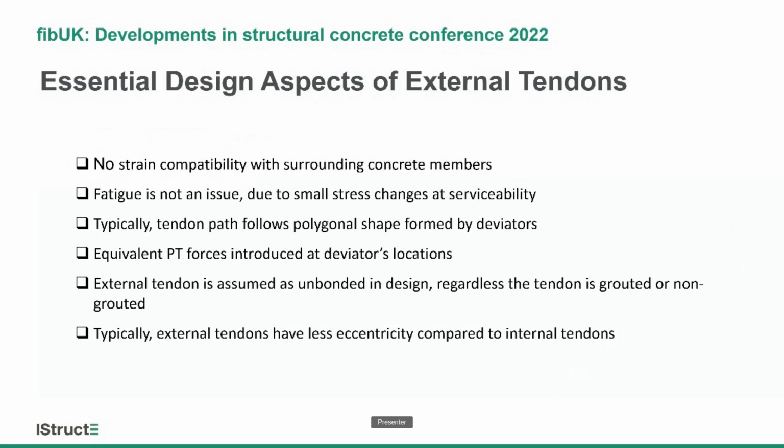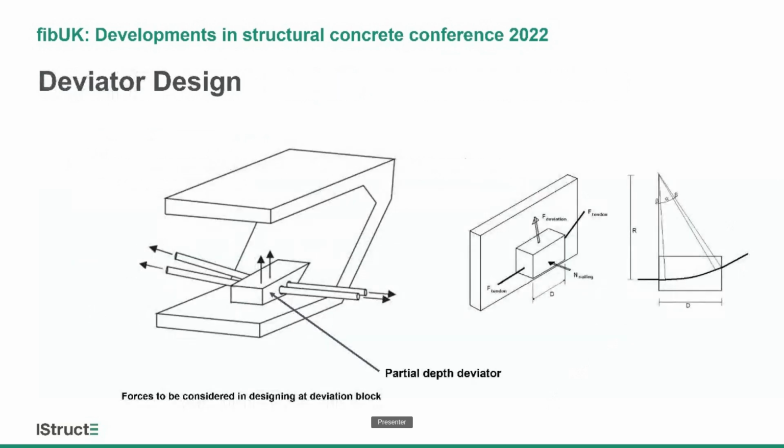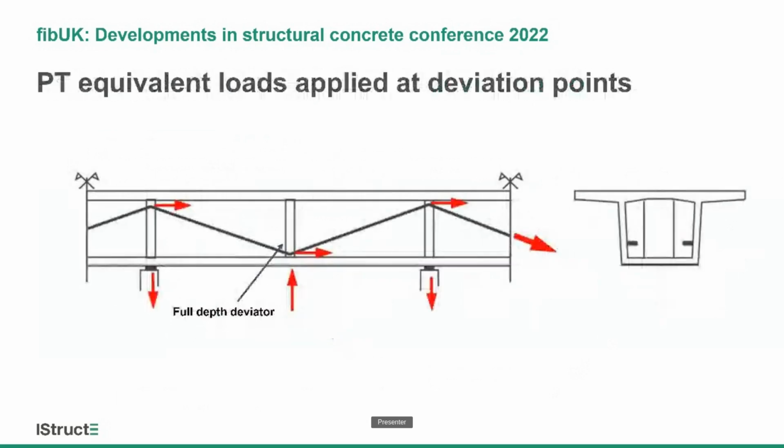That means we have less internal lever arm. That is a little bit negative, but can be considered in the design. Deviator design I mentioned, and there are various methods. Here I am showing strut and tie approaches for calculating forces at the deviator, so that you can consider all acting forces in design.